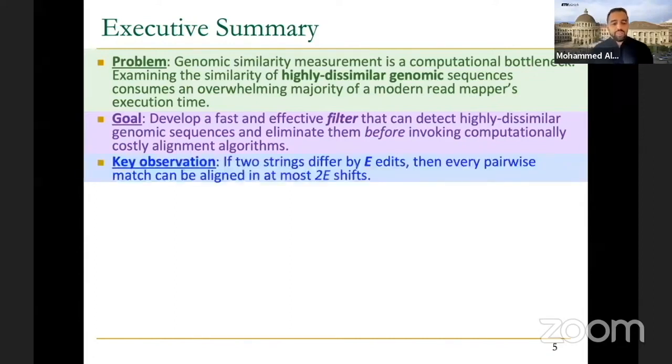The key observation: if two strings differ by E edits, so if there are E edits between these two sequences, then every pairwise match can be aligned with at most 2E shift operations. That is at most, so you could use less than or equal to this number.